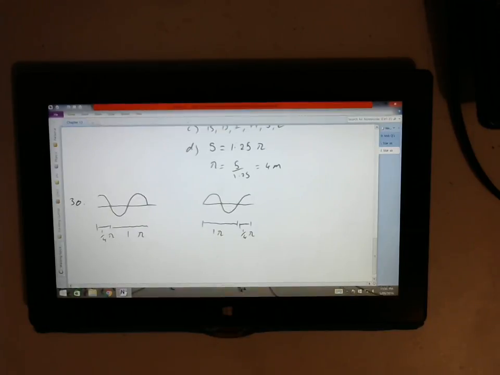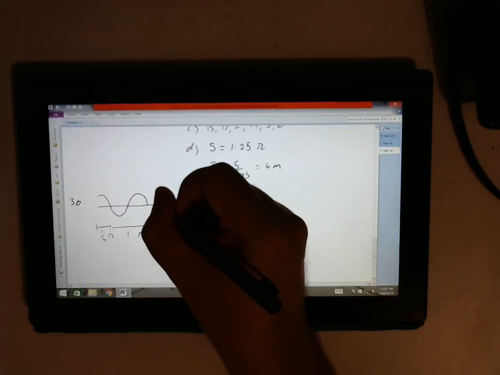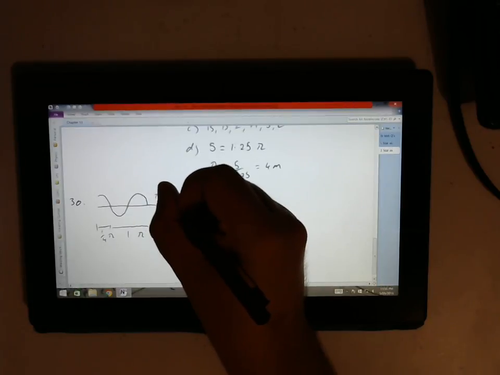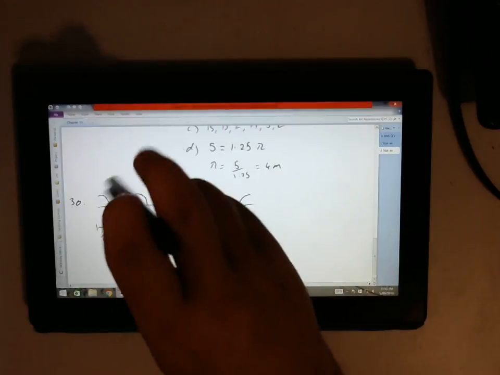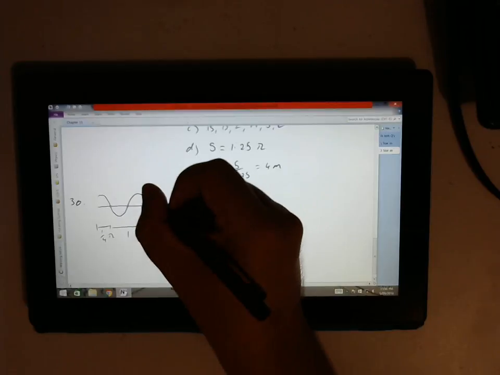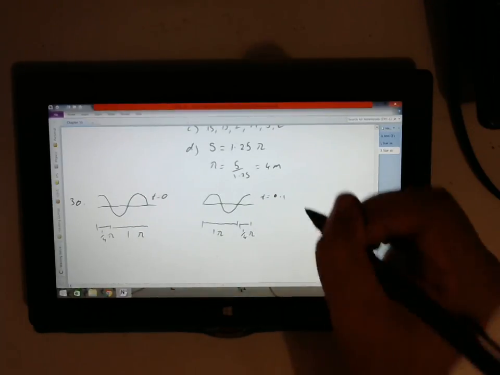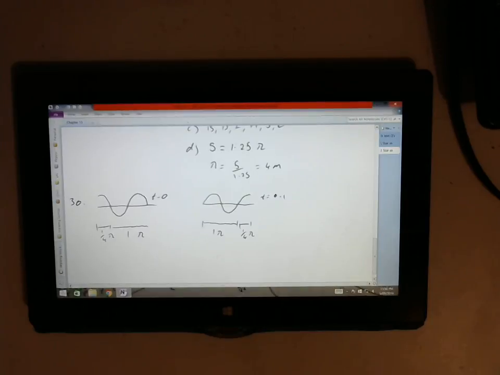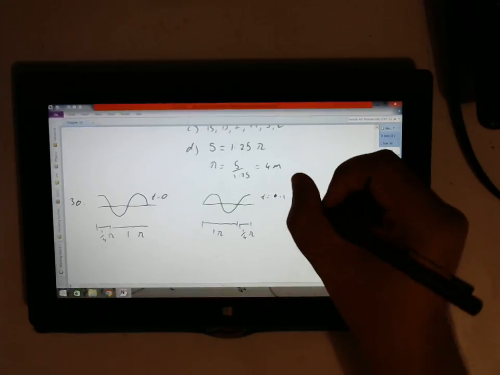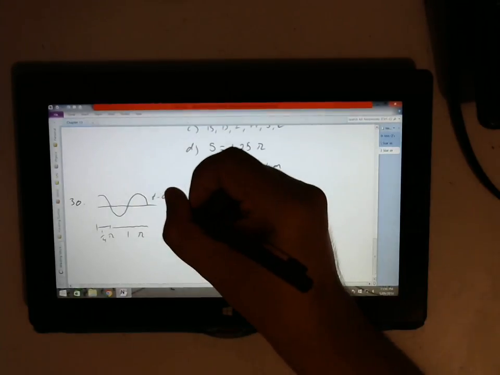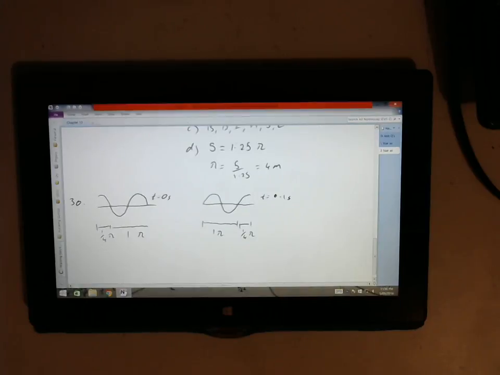We want to know what is the greatest possible period. So here we have little t equals 0, and here t equals 0.1. Okay, so we want period. What's the definition for a period when we talk about time? A period is the length of time taken for 1 wavelength's worth of motion to happen, which means that 1 wavelength repeats itself.